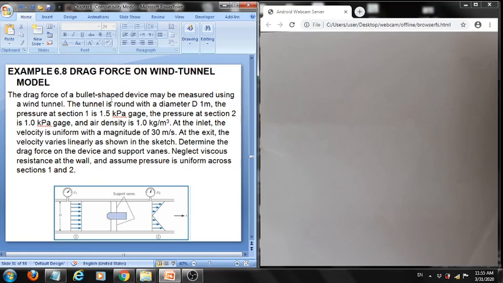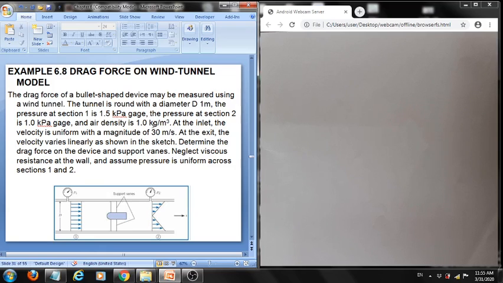It's bullet shaped, and we want to measure the drag using the wind tunnel. At the inlet we're given the velocity to be uniform. At the exit the velocity is not uniform, so we have to be careful. Now when we apply the momentum equation, we're given the pressure at P1 being 1.5, and the pressure at P2 being 1 kilopascal gauge.